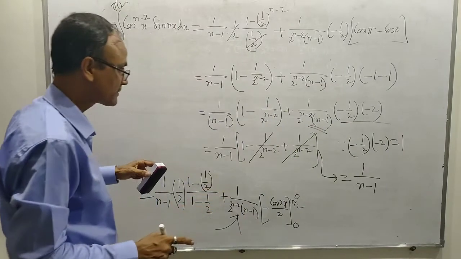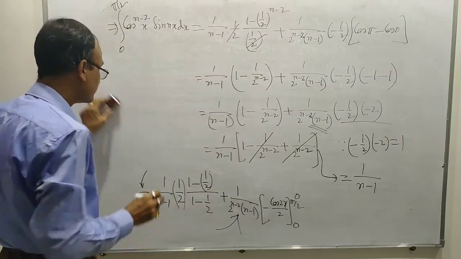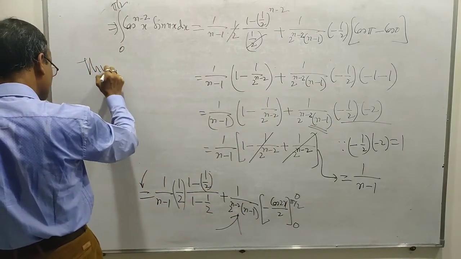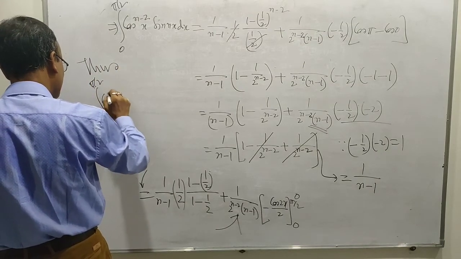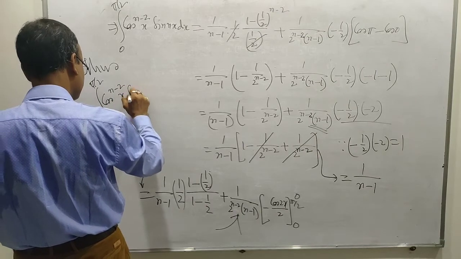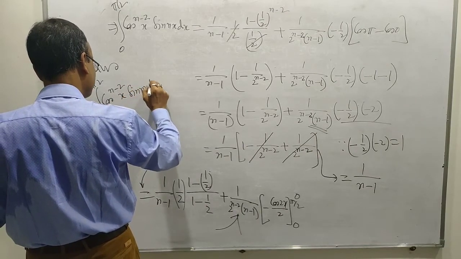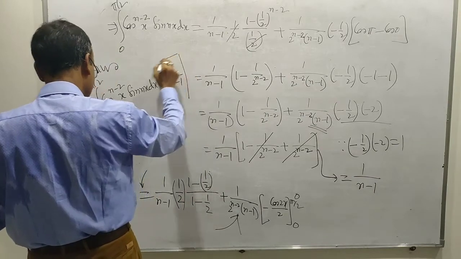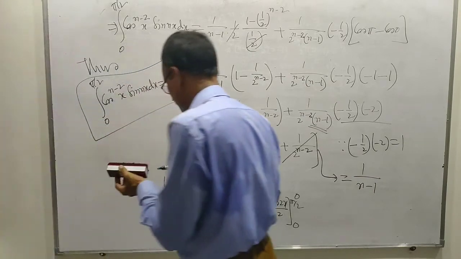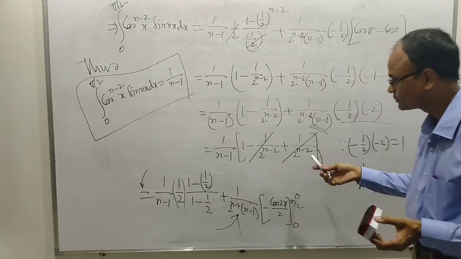Thus, the integration from 0 to pi by 2 of cos to the power n minus 2x sin nx dx is equal to 1 by n minus 1. The great result.